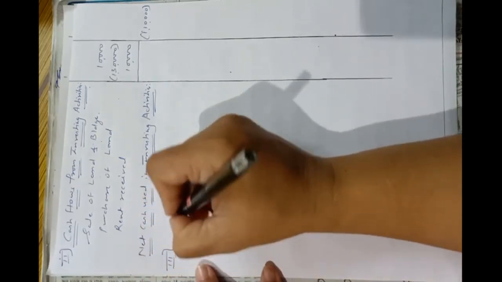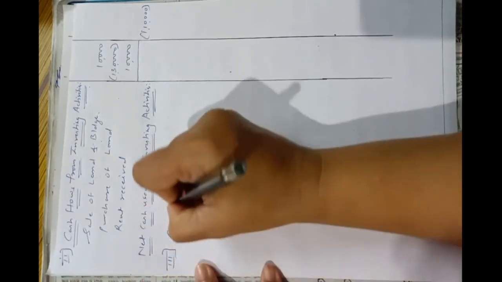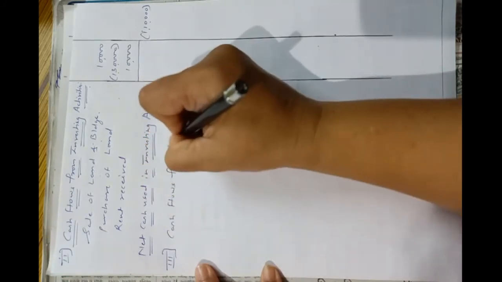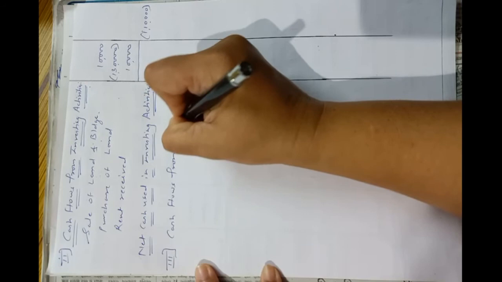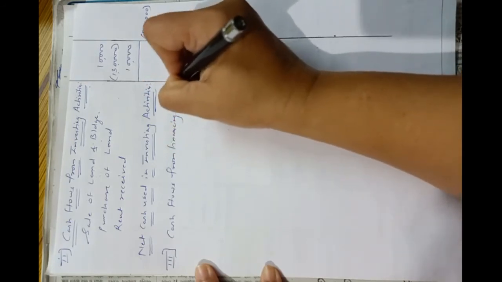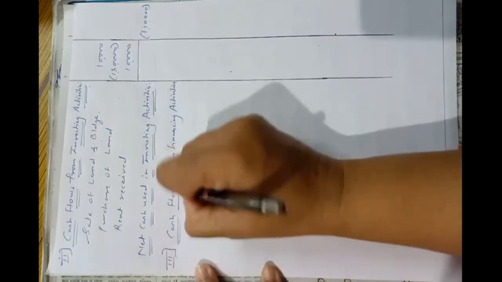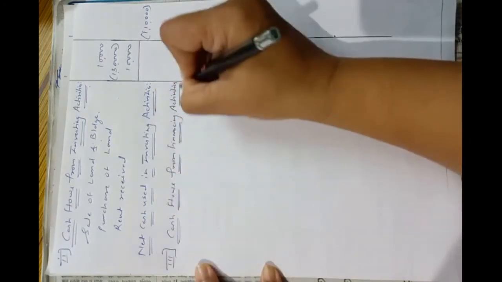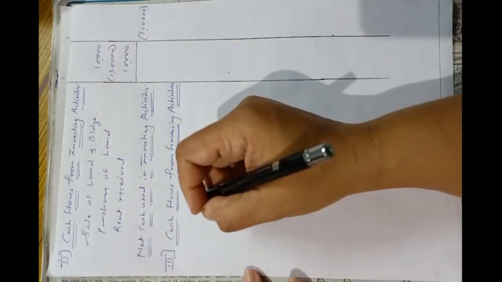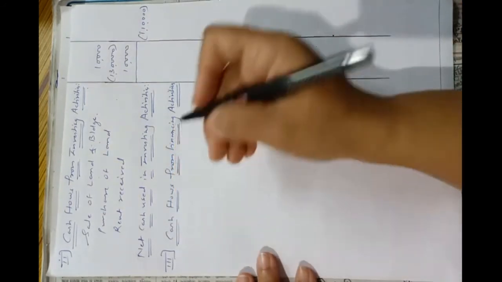Now the last point, third point, it is cash flows from financing activities. See the problem. While reading the problem, we have discussed that there is issue of share capital.